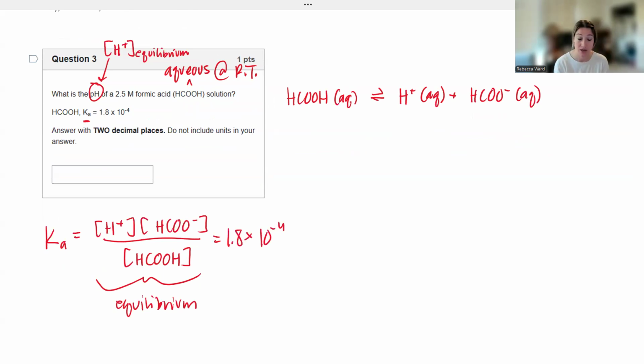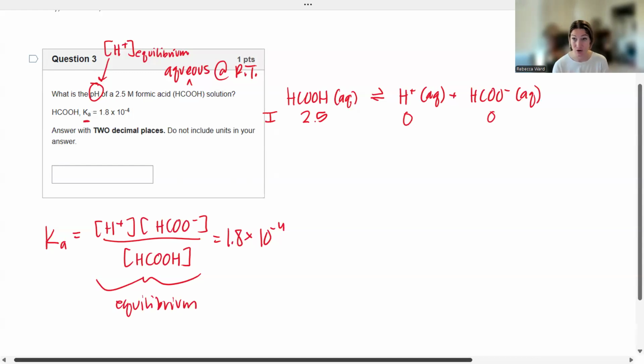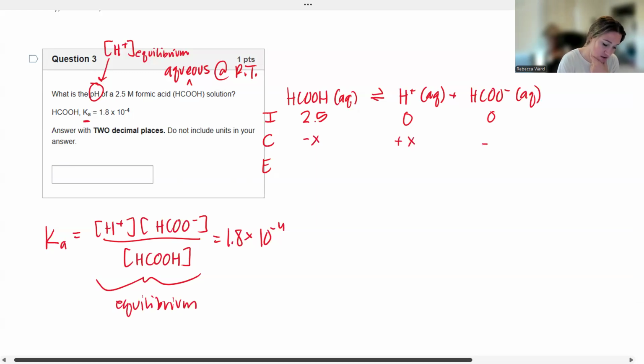That's a small number, so I should have a lot more of my reactant than my product. I'm starting with initially 2.5 molar of HCOOH, and 0 of our H plus and HCOO minus. We're thinking of it as you just put it in there and none of it has dissociated yet. So we have some change: we're going to lose some of this and gain H plus and HCOO minus. So we'll have 2.5 minus x, x, and x.